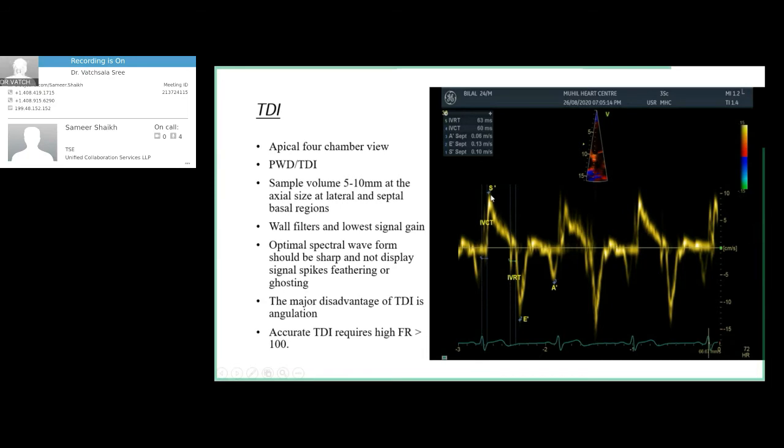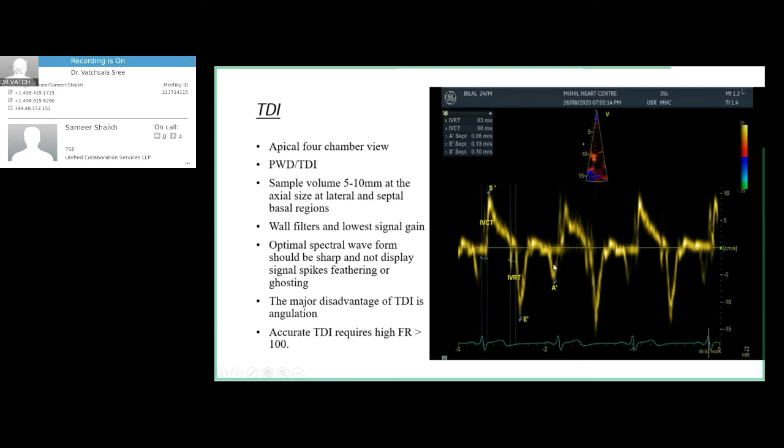The S dash is a surrogate of the LV systolic function. It tells you how effectively your LV longitudinal fibers are contracting, because that particular tissue is moving up and down. And this is similar to the mitral E wave that we saw, and this is similar to the mitral A wave that we saw.